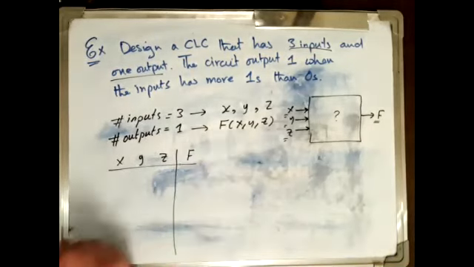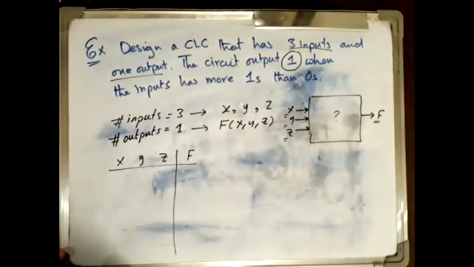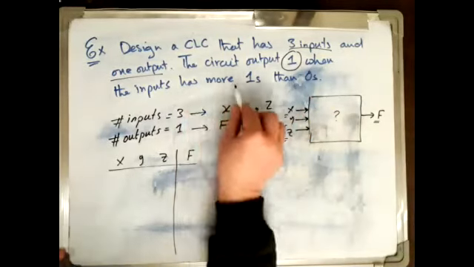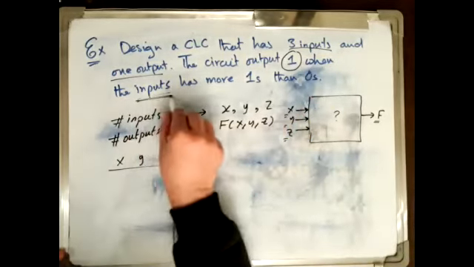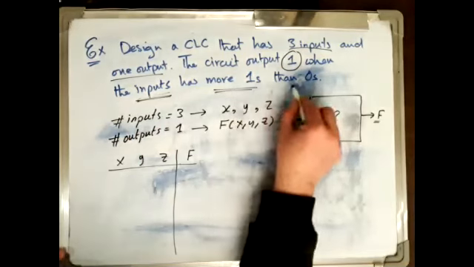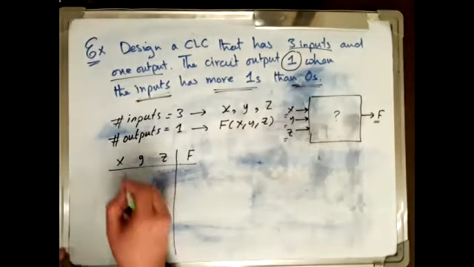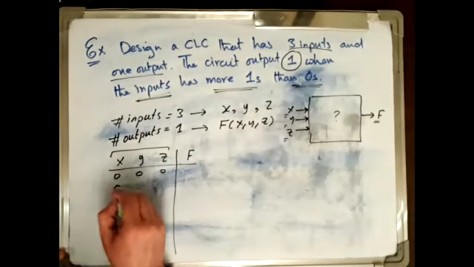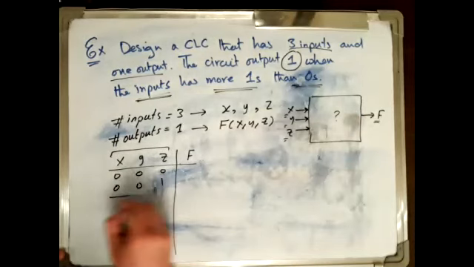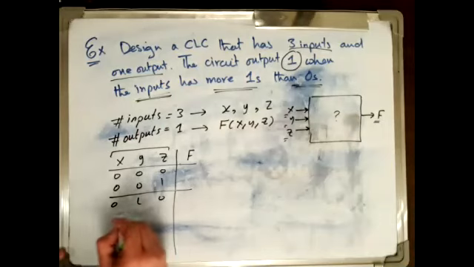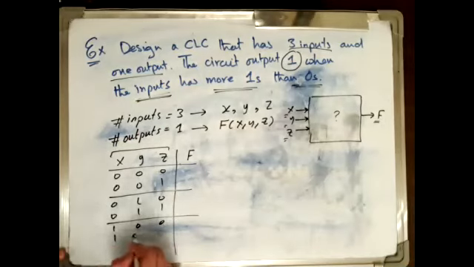It tells us the output of the circuit is 1 only if the input has more ones than zeros. So these are the inputs: 0,0,0; 0,0,1; 0,1,0; 0,1,1; 1,0,0; 1,0,1; 1,1,0; 1,1,1.